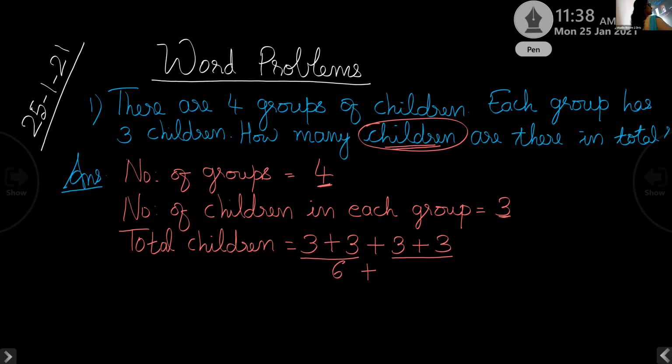Then 3 plus 3 again 6. The final answer is 12. Good, Abhinav. 6 plus 6. Let the first 6 be there, second 6 on your fingers. Then after 6, 7, 8, 9, 10, 11, 12. So 12 children are there in all.